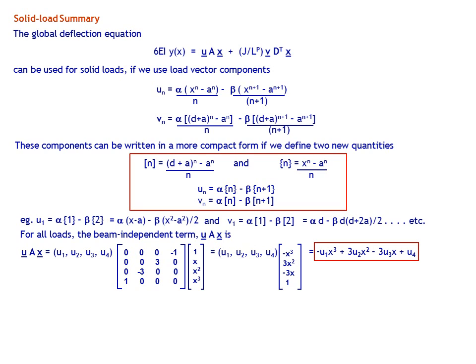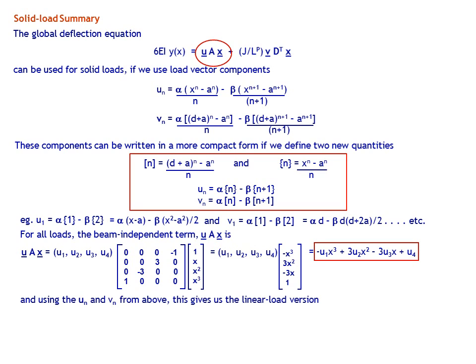Then when we multiply this by vector u, we get the result minus u1 x cubed plus 3u2 x squared minus 3u3x plus u4. We can use this form for UAX in the global deflection equation for all loads, both linear and nonlinear, as it doesn't contain any alphas or betas.